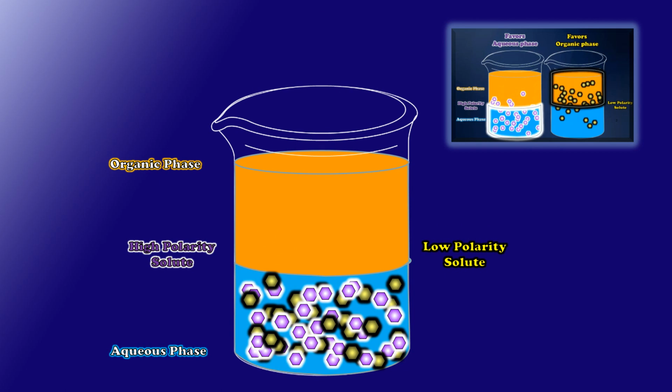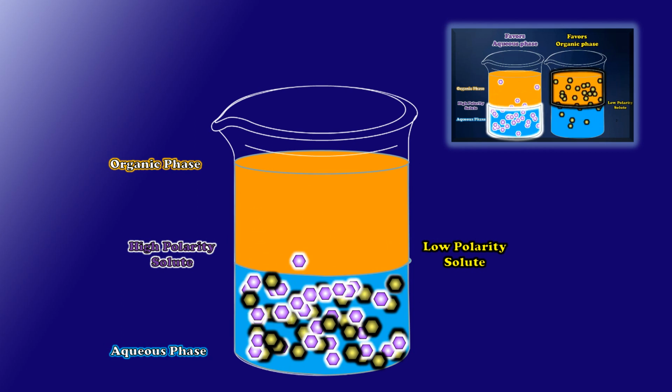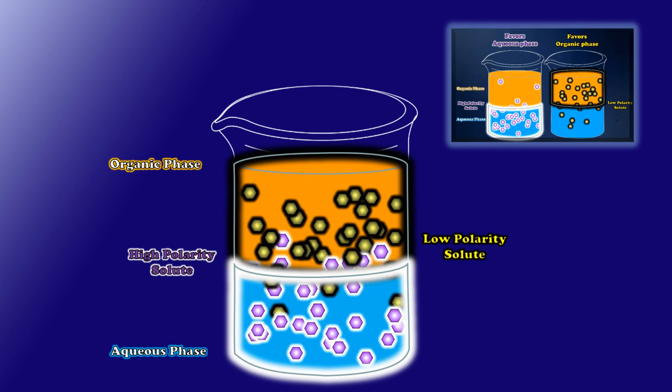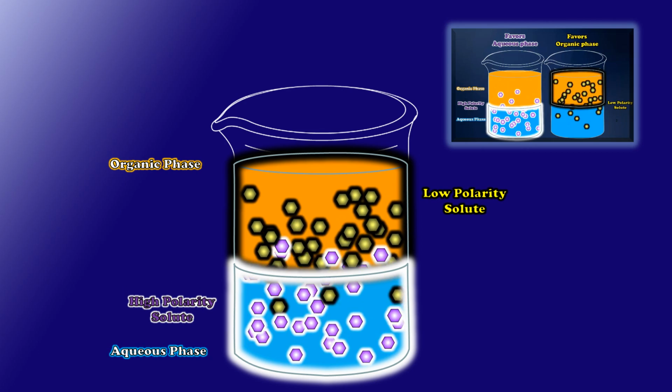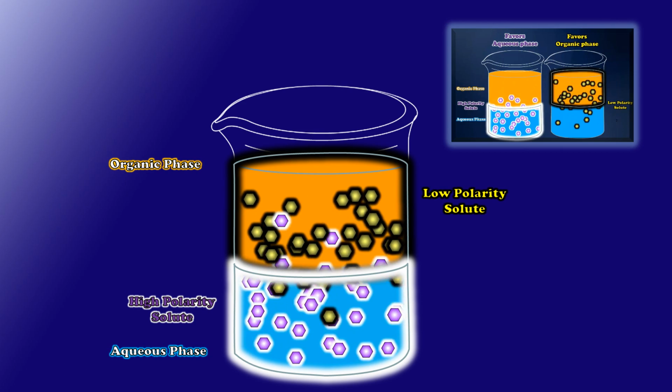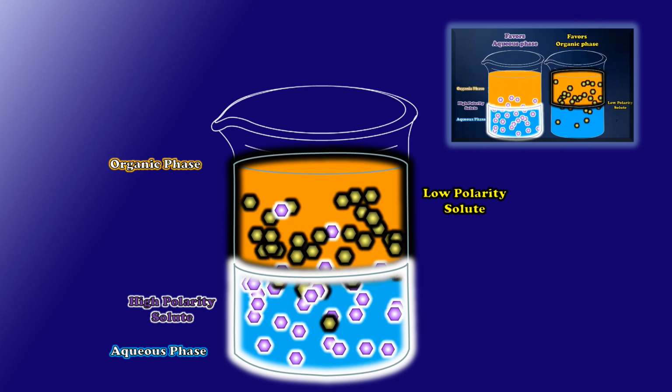And remembering from our previous discussion that they tend to partition into different layers in this system, all I have to do is wait for equilibrium to establish itself. I should reach a situation in which my low polarity solute has partitioned into the organic phase preferentially, and my high polarity solute into the aqueous phase. Now, if I'd like to collect one or the other, it's as simple as collecting the appropriate phase.